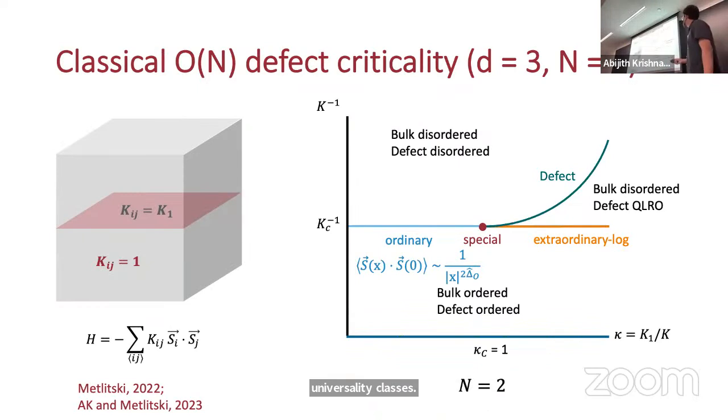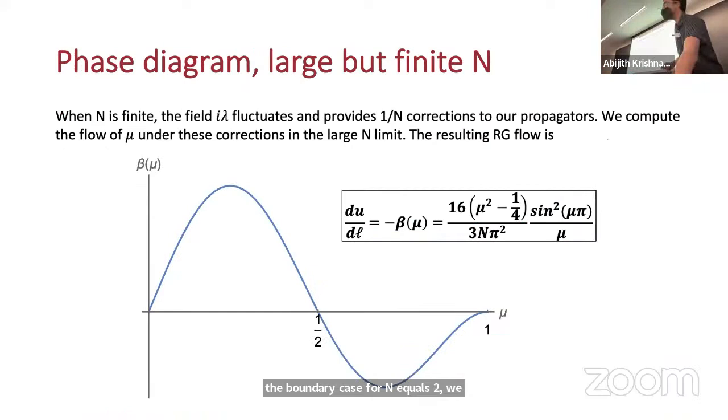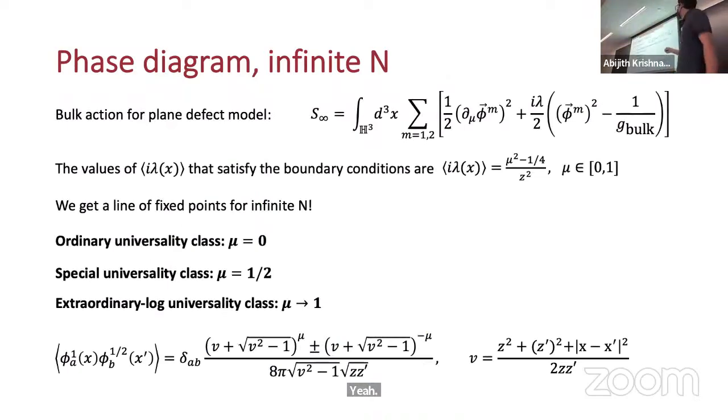So to sum up, we get the same phase diagram we had for the boundary case for n equals 2, with mu running from 0 to 1. It's defined by this boundary condition.